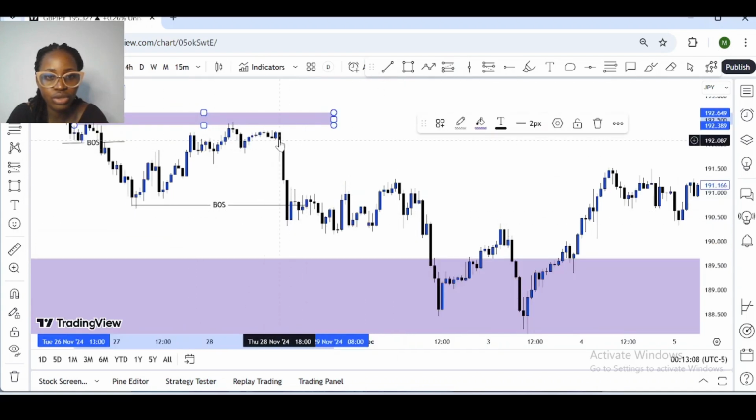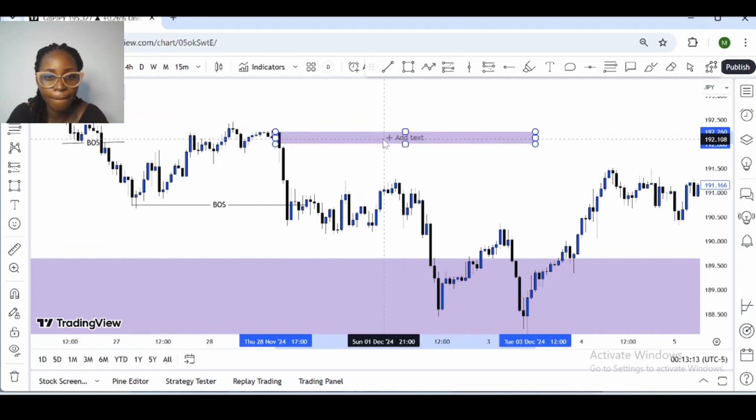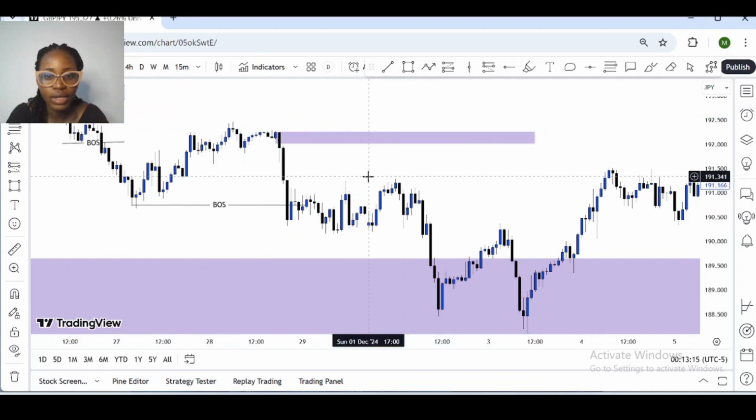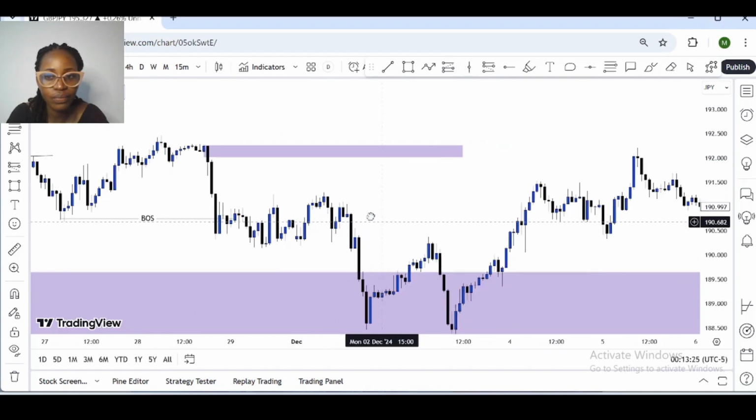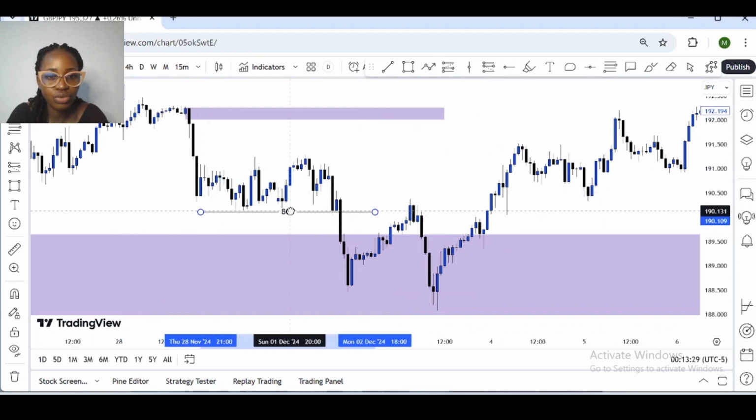Where is the origin? This is the origin. Let me bring this here. You can see that price did not retrace all the way up to this origin that caused the break of structure, right? Price consolidated around this zone before delivering to the downside. Okay, so we are going to identify a new break of structure, which is this zone here.